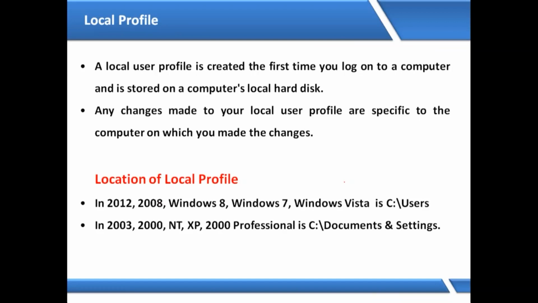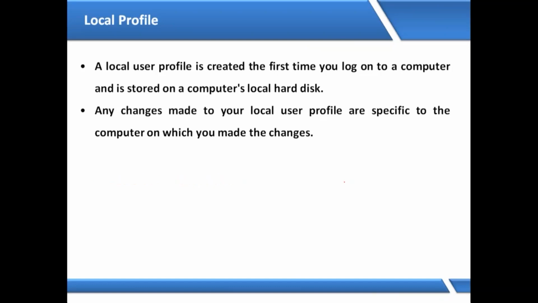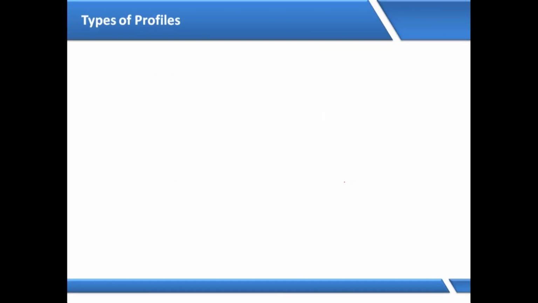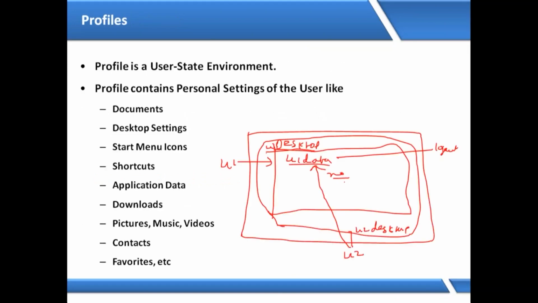For each and every user, one folder will be created with their name under Users. So U1 data will be in C drive Users U1, and U2 data in C drive Users U2. U1 cannot see U2 data, and U2 cannot see U1 data, provided they write their data in this personal setting folder, which is called the profile.